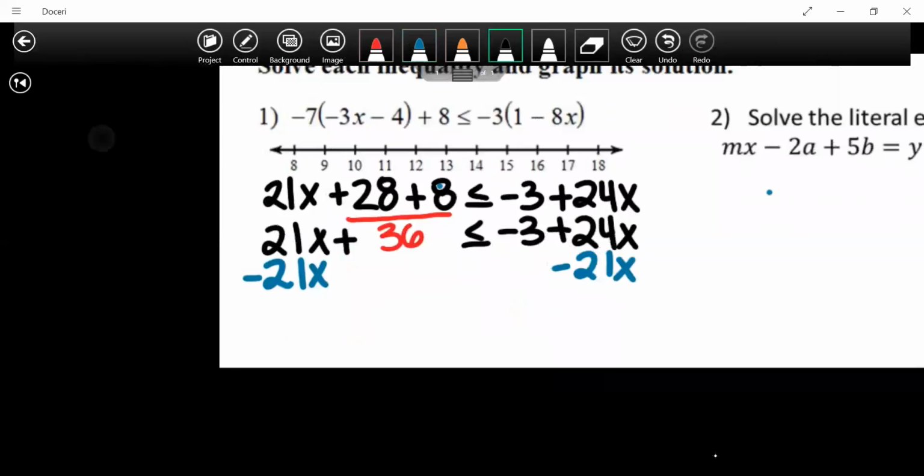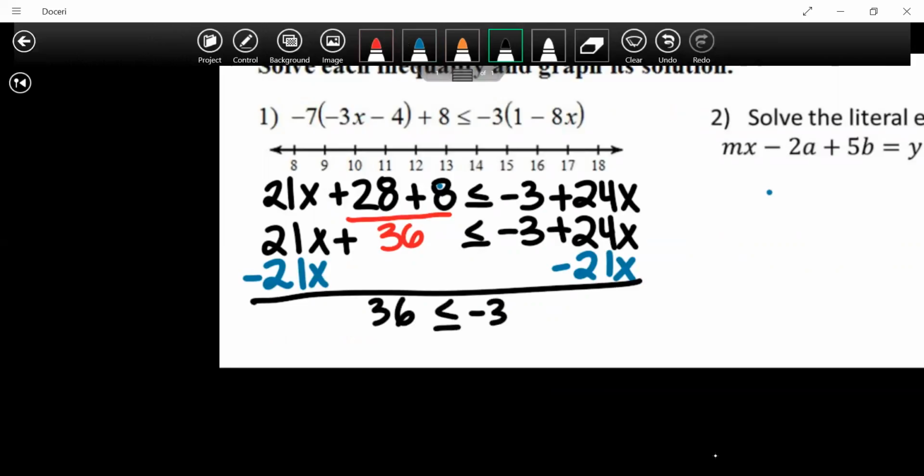From this, we're going to get 36 is less than or equal to negative 3 plus 3x.